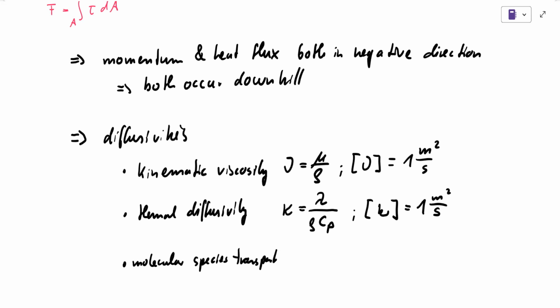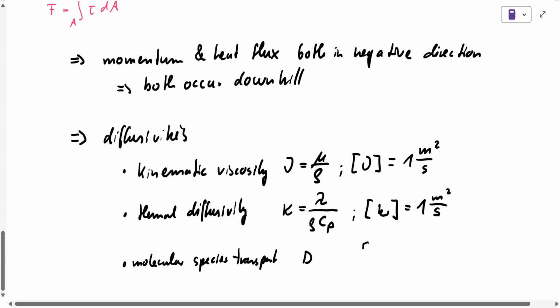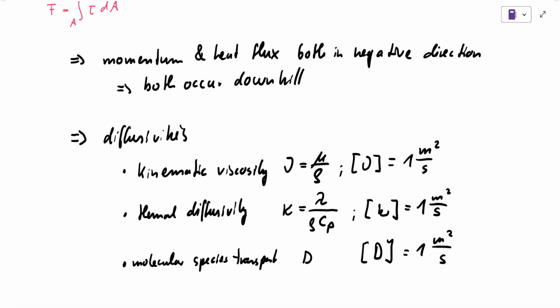And this one, of course, is just called diffusion. And the diffusion coefficient, everybody should know, capital D, which also has the unit 1 square meter per second. And therefore, here you just see exactly why those quantities, or parameters, are called diffusivities.